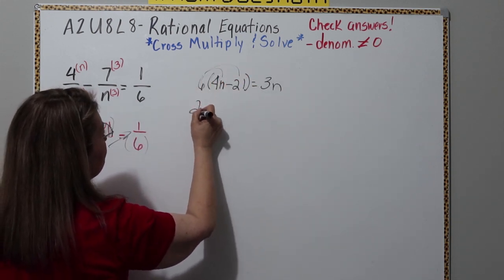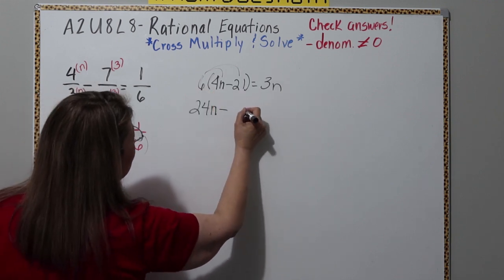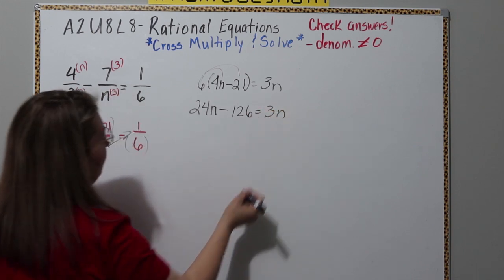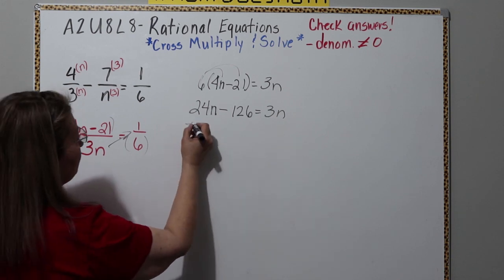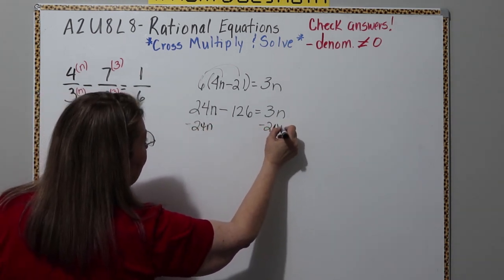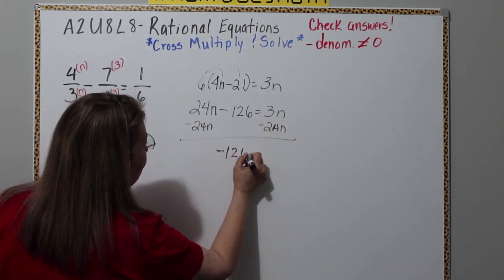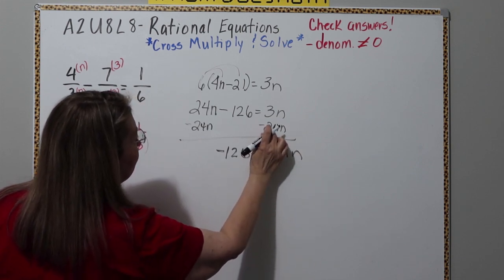So I'm going to have 24n minus, and 6 times 21 is 126. All right, simplifying, just solving a linear equation. I'm going to subtract 24n from each side. So now I have negative 126 is equal to negative 21n.